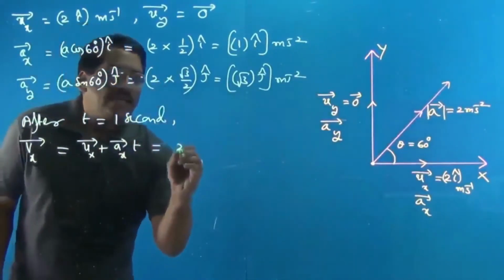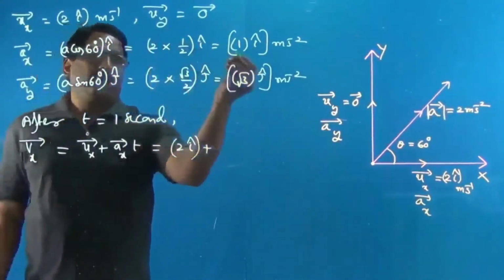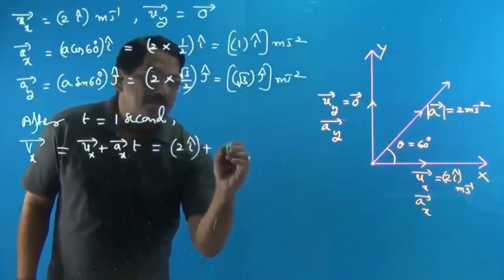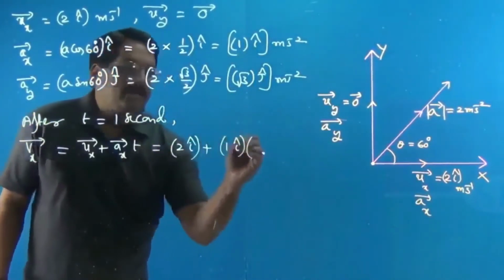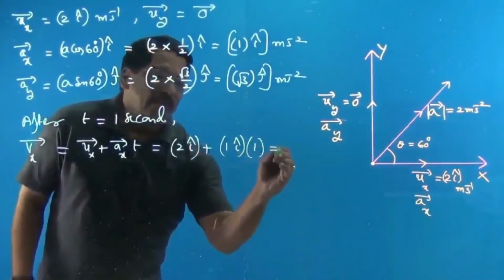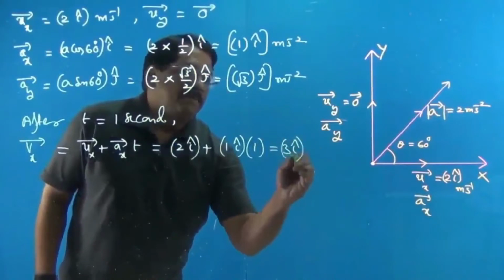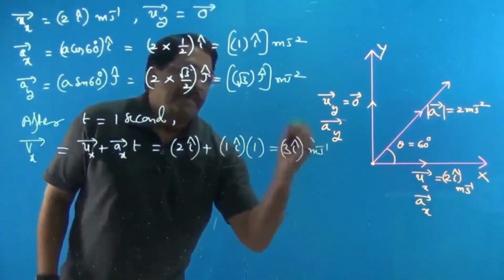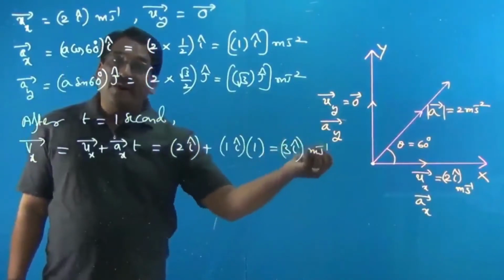It is 2 i cap, plus ax bar is 1 i cap, so 1 i cap into the time, which is given as 1 second, and all that is equal to 3 i cap meter per second. So the velocity component along the x-axis is 3 i cap after 1 second.